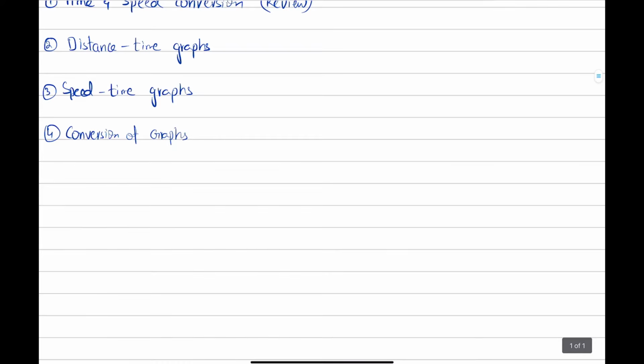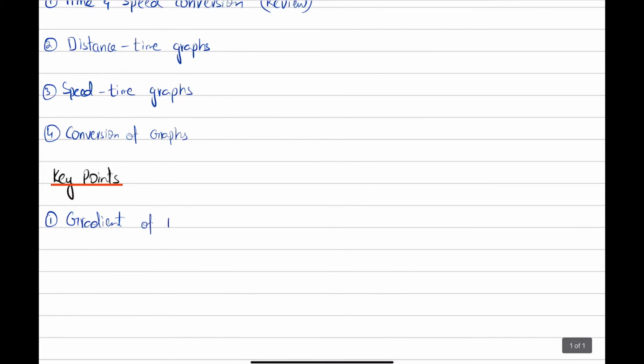So a couple of key points that I'm going to write down from the get-go. Key point number 1 is that if you have a distance time graph and you take the gradient of it, what will that give you? I'll explain this later as well.